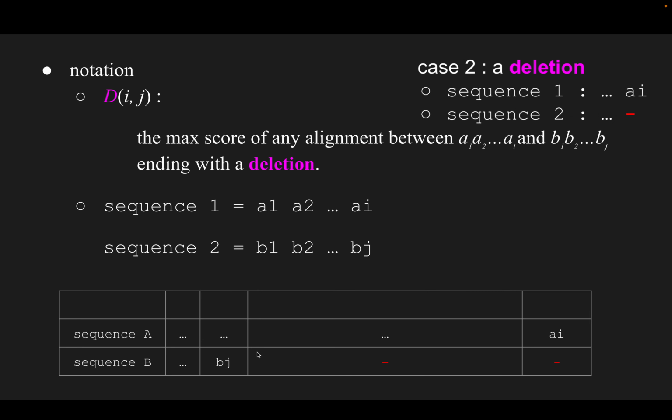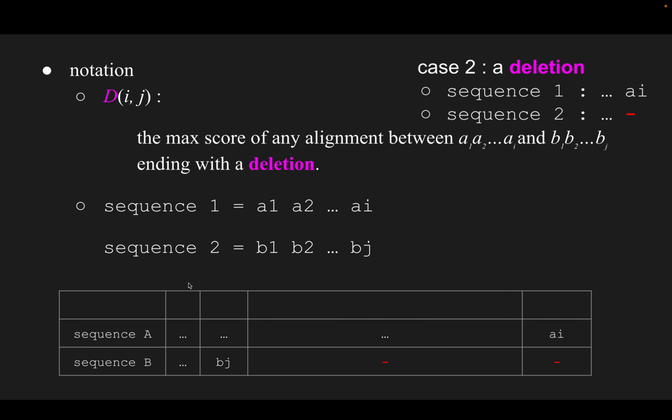For this example, we have sequence 1 from the first position A1 to the final position Ai, and the second sequence from the character B1 to the final character Bj.